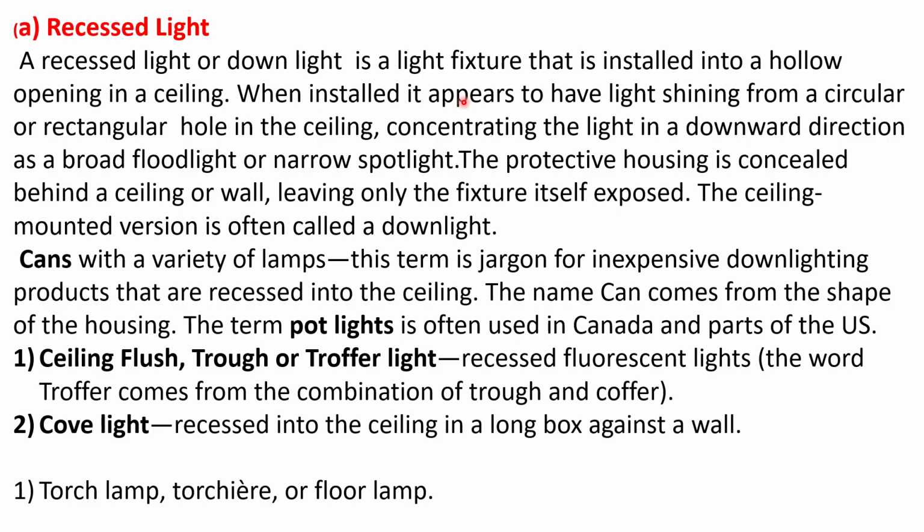When installed, it appears to have light shining from a circular or rectangular hole in the ceiling, concentrating the light in a downward direction as a broad floodlight or narrow spotlight. The protective housing is concealed behind a ceiling or wall, leaving only the fixture itself exposed. The ceiling mounted version is often called a downlighter.